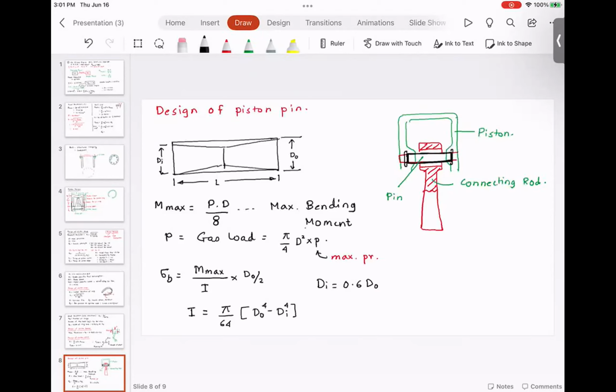But what usually we should do is follow these calculations, get some rough numbers, and then use software like Lotus engine simulation to refine the design. As a matter of fact, there are softwares that would actually help you design just the shape of the piston. I don't know if Lotus has released that software. I know they have it, but I don't know if it is available for students to use.